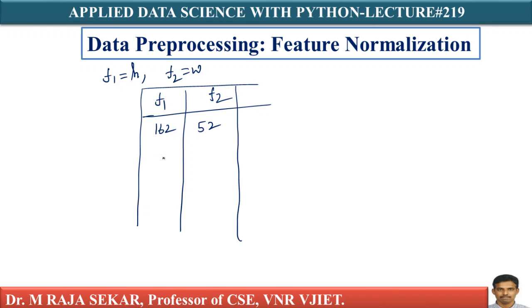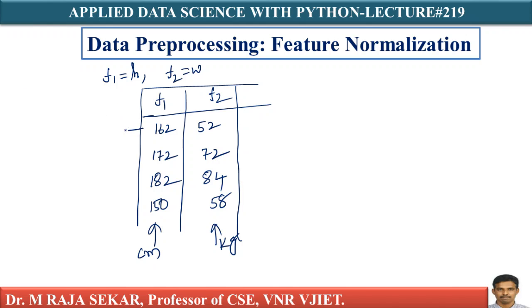Then 172 centimeters with weight 72 kgs, 182 centimeters with weight 84 kgs, 150 centimeters with weight 50. Let me assume some values. Height is in centimeters, weight is in kgs.